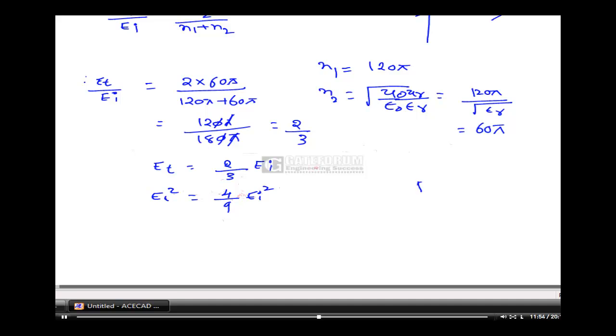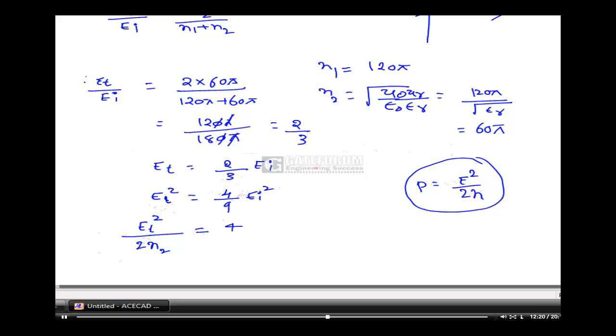What is the power? I know the average power is generally E square by 2 eta. So here I am writing Et square by 2 eta 2, so the average power transmitted is equal to 4 by 9 Ei square by 2 eta 2.